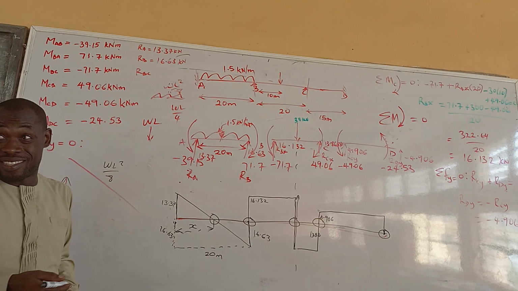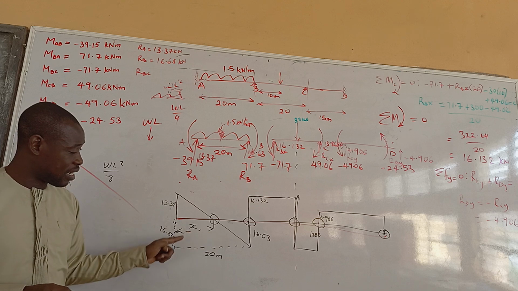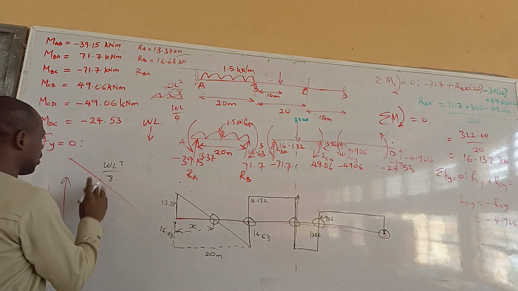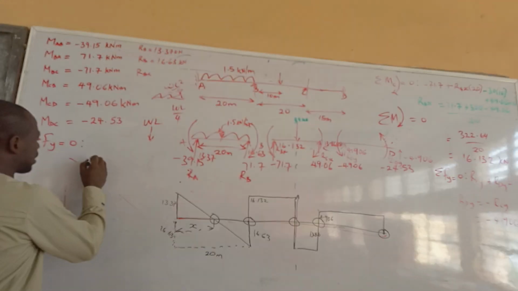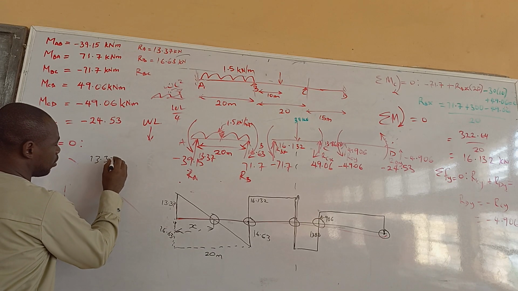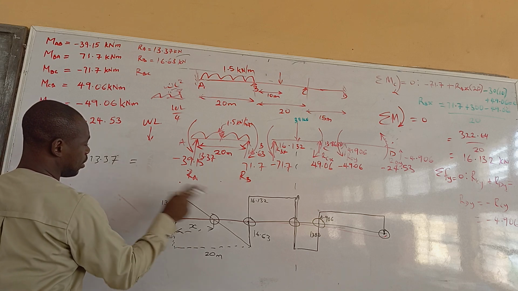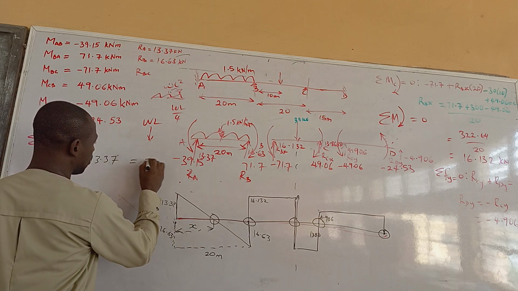Do you agree with me? Now, how will I know this distance? It's very easy. I have a height of 13.37, and I have the base to be x.